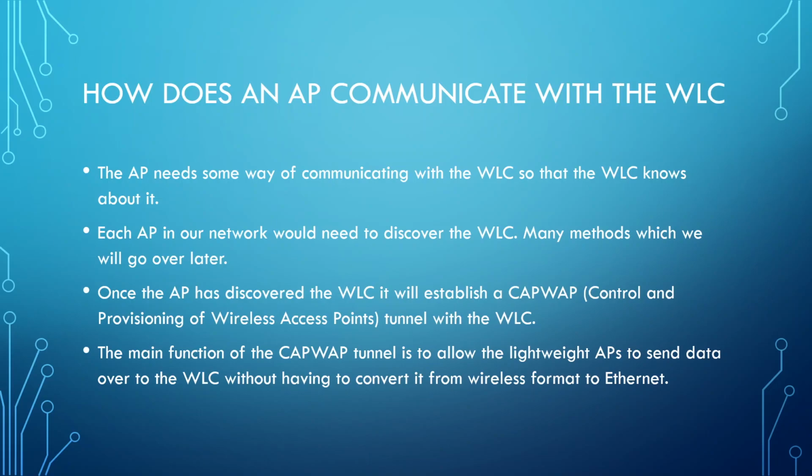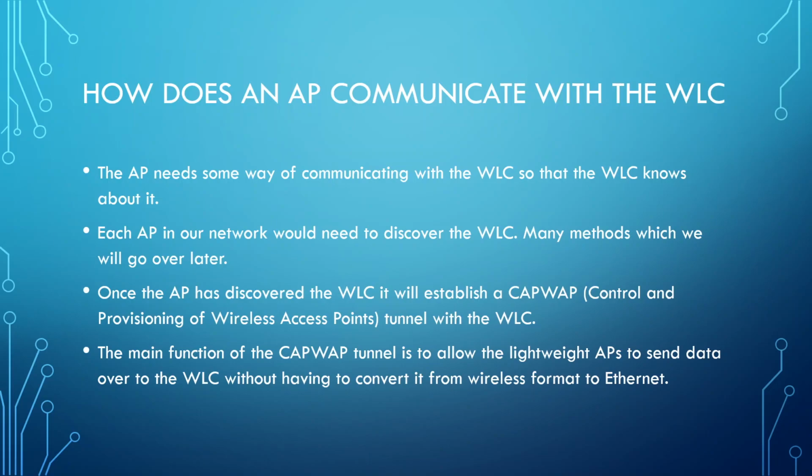That tunnel is permanently established so that the AP can communicate with the wireless LAN controller, and so that the controller knows that the AP is still alive. If for whatever reason that tunnel goes down, the wireless LAN controller assumes that AP is dead, and if you have email notifications enabled on your wireless LAN controller solution, it will notify you via email or something.